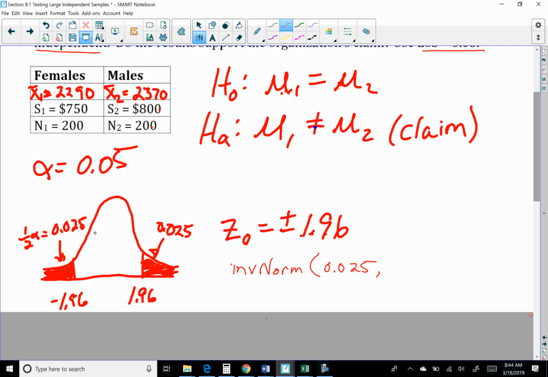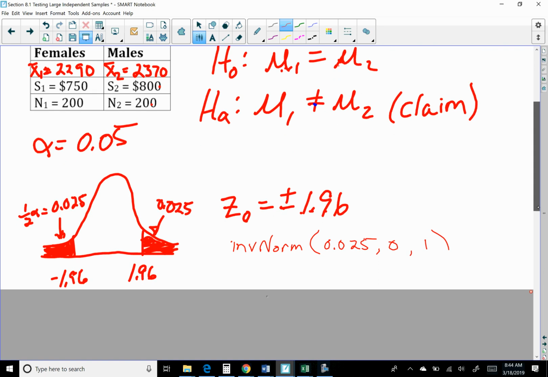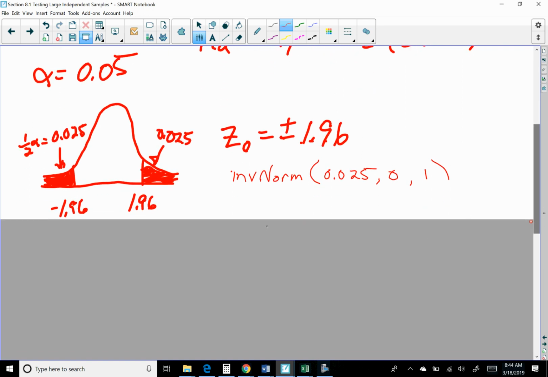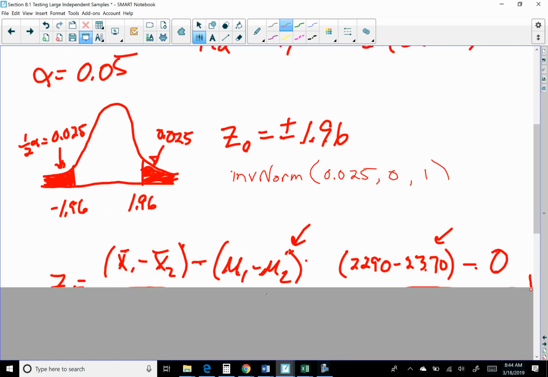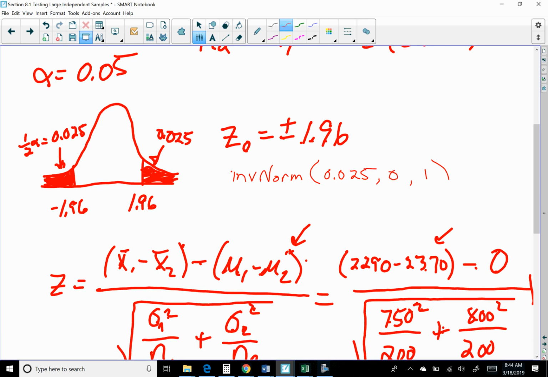Yeah, since we're talking about a z curve, we're looking for a critical value of z, it would want the mean of 0 and standard deviation of 1. And in this case, we would get negative 1.96. Since it's a two-tailed test, we know that we also have the positive version of that, positive 1.96. Now, we need to calculate our standardized test statistic. If you recall, this is our equation.